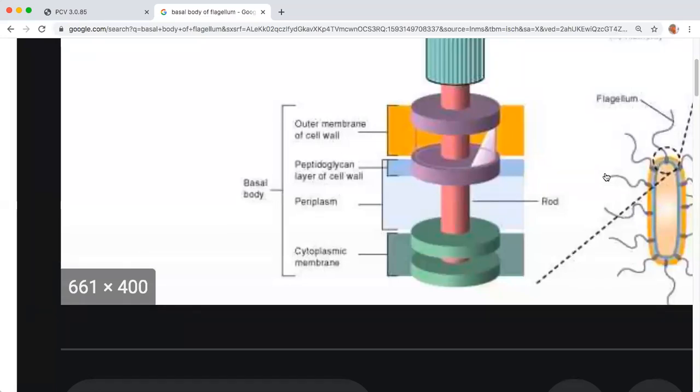Who is saying it's gram positive? It is not positive, it is gram negative. Why is it gram negative? Because you are able to see two layers. The peptidoglycan layer is there, and you also have the outer membrane, and moreover you are able to see four rings. This is what we call a ring. Two rings are attached with the plasma membrane or the cytoplasmic membrane.